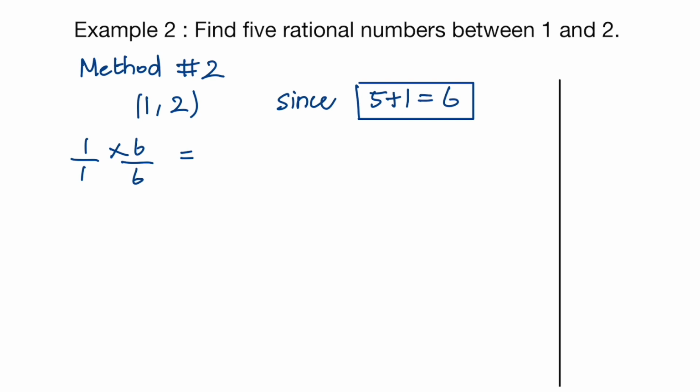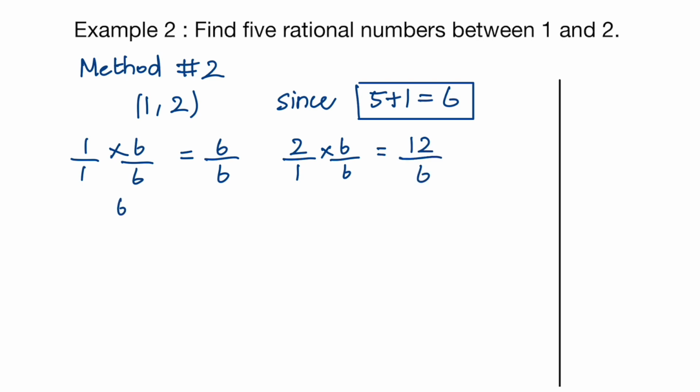But you have changed it to 6 divided by 6. The value doesn't change, but the numerator and denominator has changed. So 6 by 6. And you are going to do the same for 2 as well. 2 is same as 2 divided by 1 and you are going to multiply numerator and denominator by 6. That would give you 12 by 6, right?